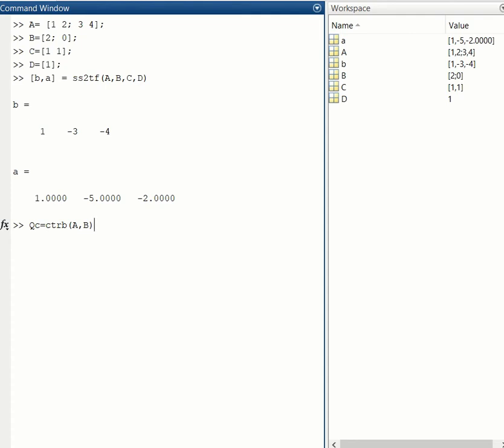For evaluating the controllability matrix we use the matrices A and B, given by QC equal to [B AB A^2B up to A^(n-1)B], where n was the order of the square matrix A. So here we will be using the simple command ctrb to find the controllability matrix, and this is given as QC, which is a 2 cross 2 matrix, since the order of matrix A is 2.